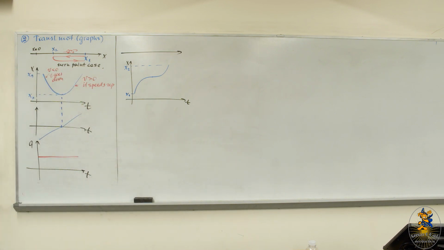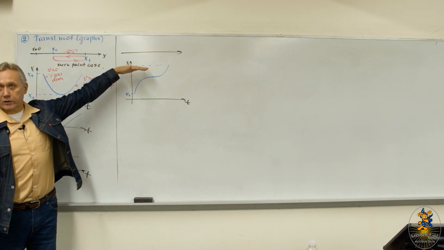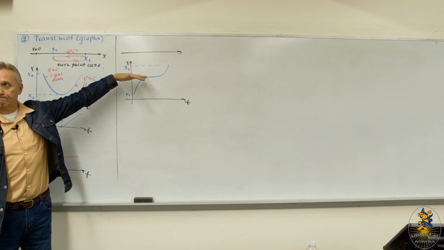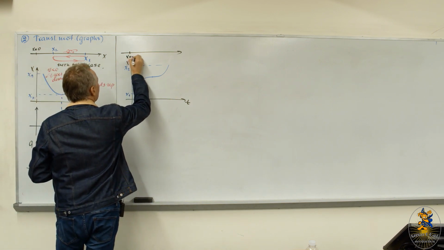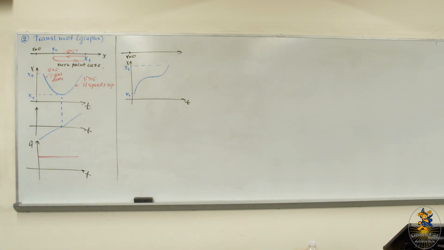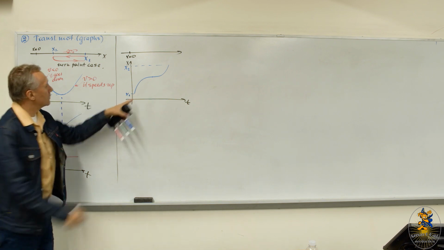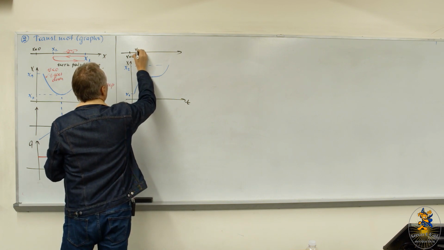So in a very similar way, let's discuss what happens to x. First of all, x is positive throughout the whole motion. So I can safely put x equals 0 over here somewhere, because the whole motion will be on the right side of my x-axis. It starts with a small x, maybe somewhere over here. Let's call it x1.